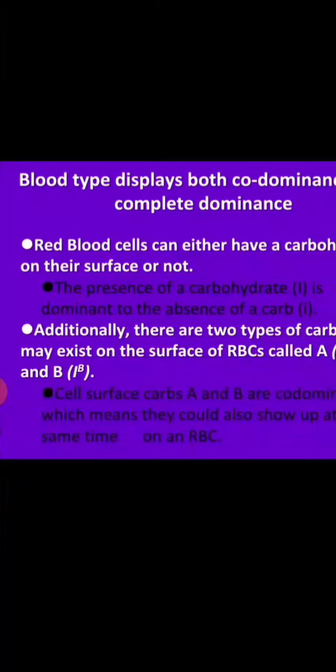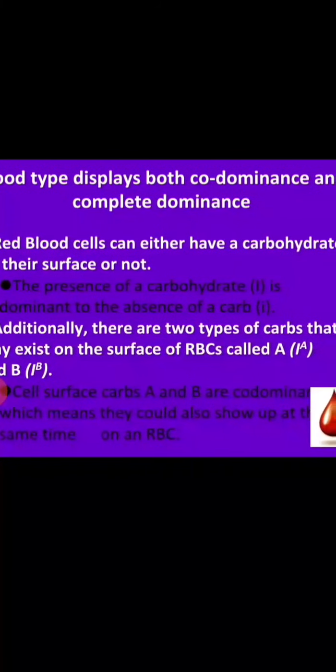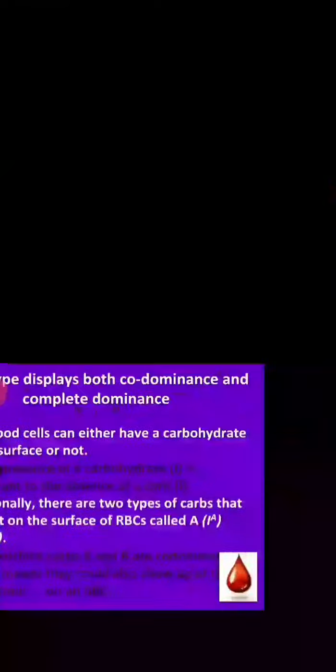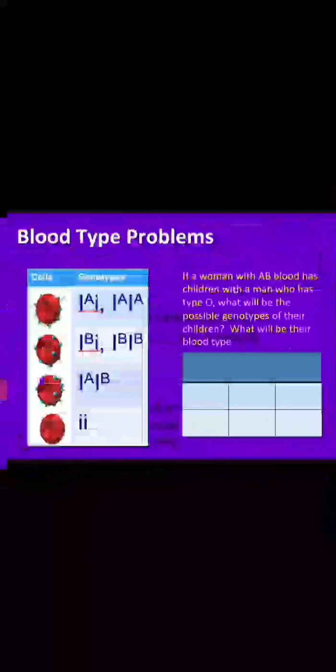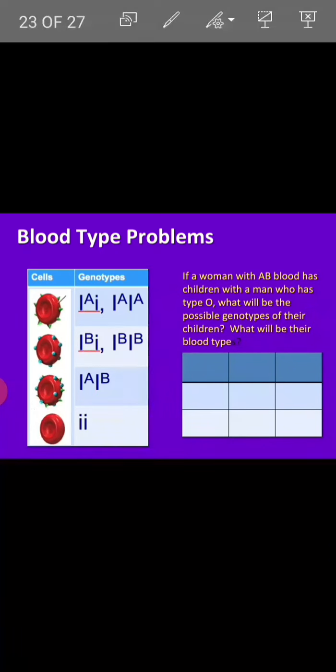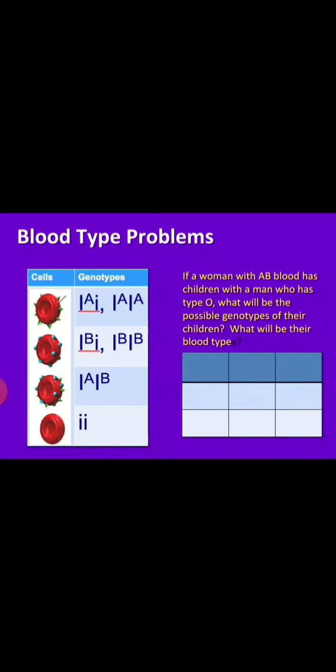The cell surface carbohydrates A and B are codominant, which means they could exist side by side.